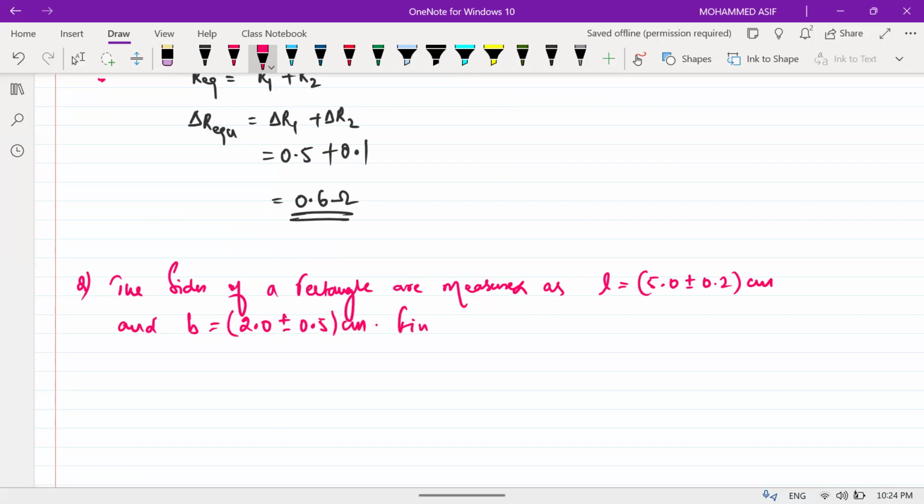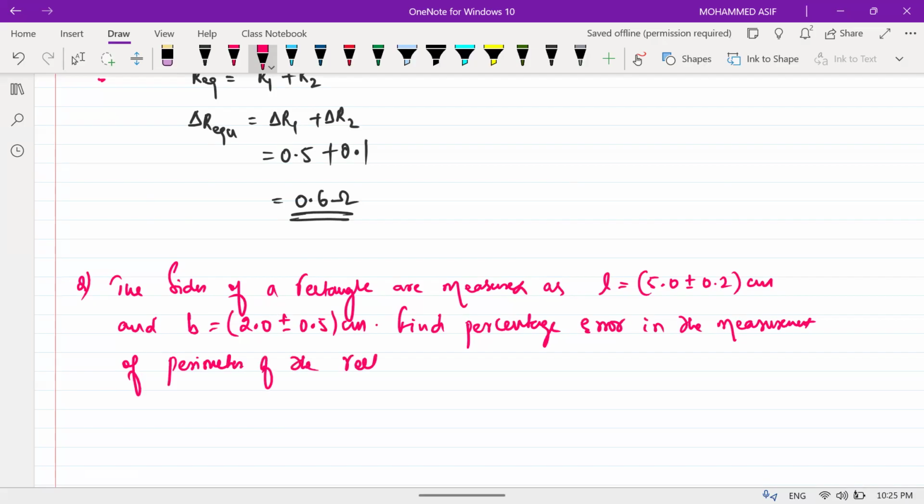Find the percentage error in the measurement of perimeter of the rectangle.